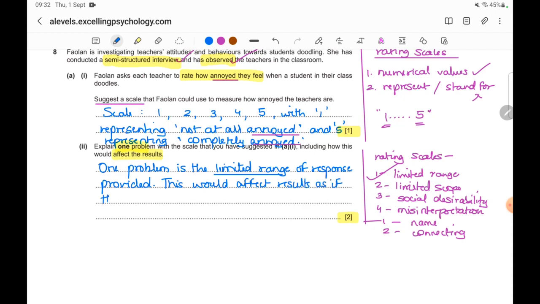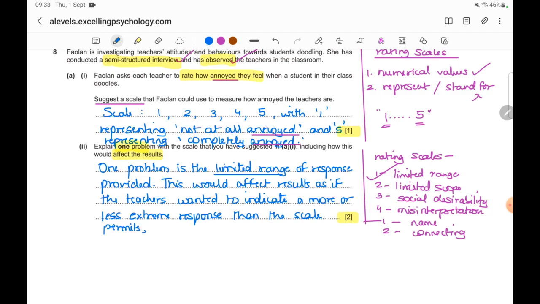if the teachers wanted to indicate a more or less extreme response than the scale permits, they would not be able to do so, thus lowering validity of the findings.